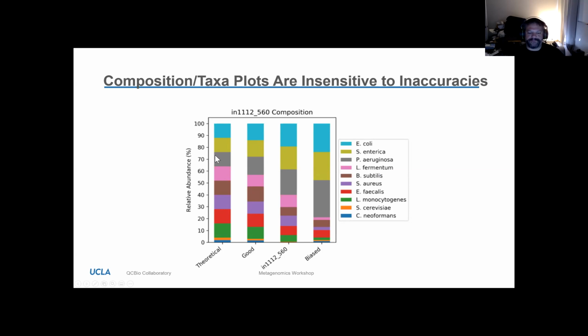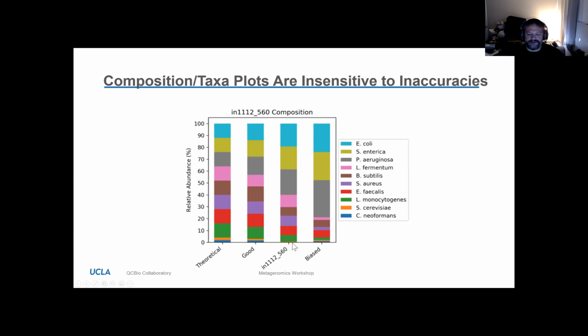But more than that, one organism being way off is going to throw everything else way off. I can tell the good looks a lot like the theoretical, although, for example, you start to lose the fungus, because the fungus is relatively a smaller proportion. In the actual sample here, I can tell you that it looks pretty different. It's definitely not as good as the good.